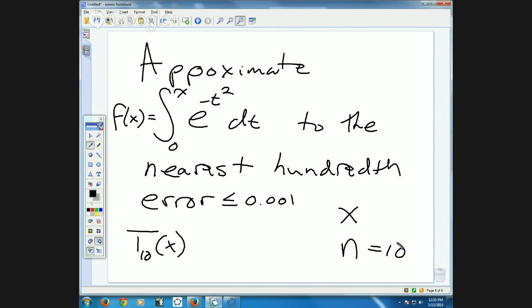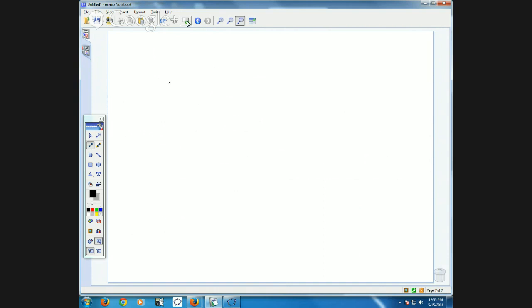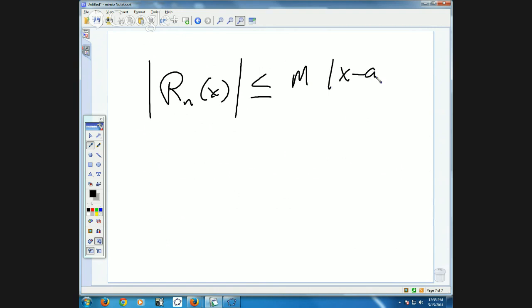Taylor's remainder theorem says that the nth remainder, the absolute value, has to be less than or equal to some maximum related to the nth derivative, times x minus your center to the n plus 1, divided by n plus 1 factorial. Yep. That's what it is.